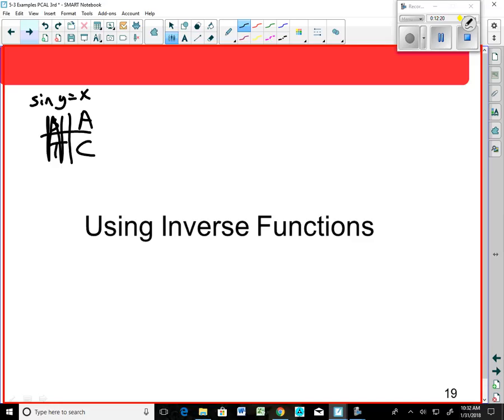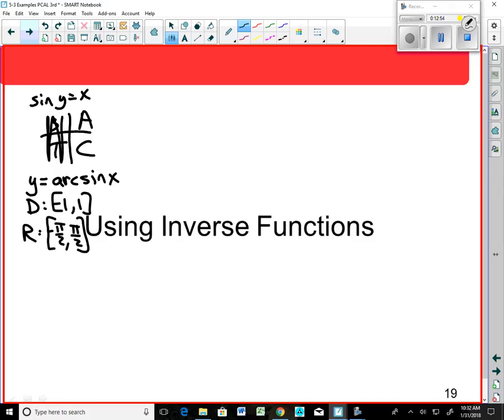If it's a -1, then it'll just be the negative of that angle. And so then y equals the arc sine of x. And for this one, the domain is from -1 to 1. So just a nice little review of this. And then the range is from -pi over 2 to +pi over 2, and it includes those two as well.